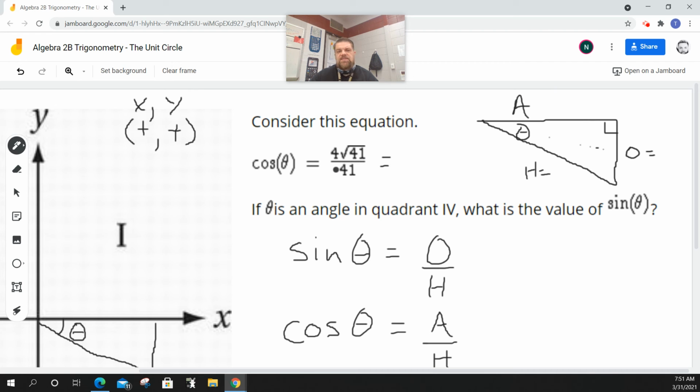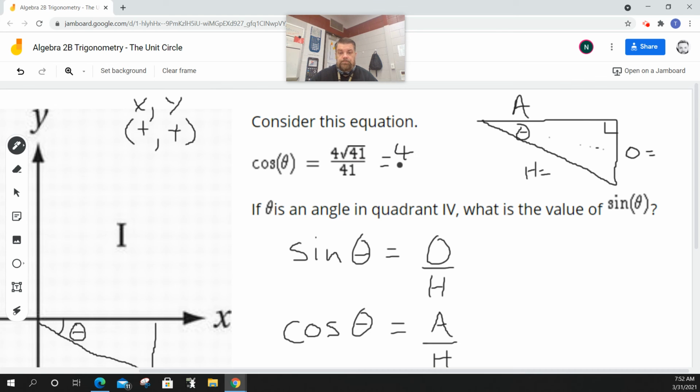So when we rationalize the denominator, I gotta be careful how I word this. When we rationalize the denominator, that's where we get the square root. Oh, sorry, first problem of the day. That's where we get the square root business from.